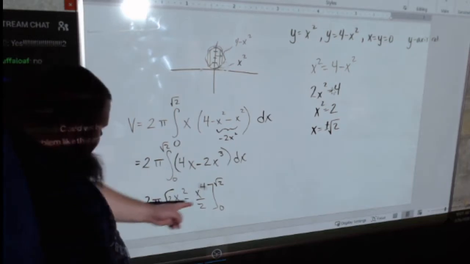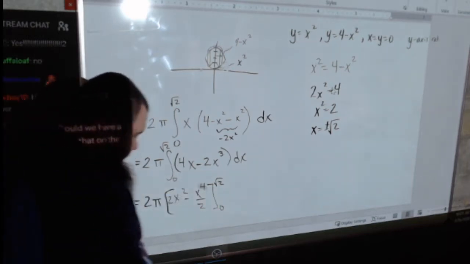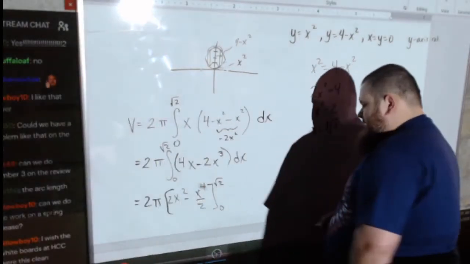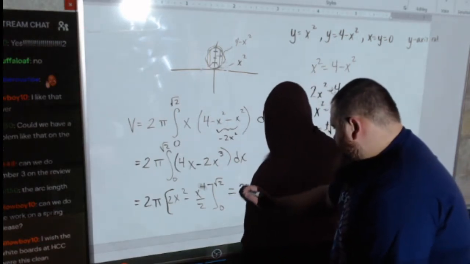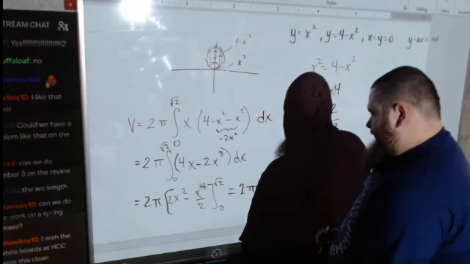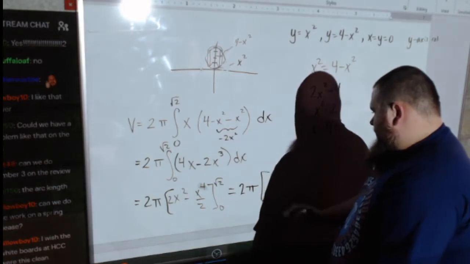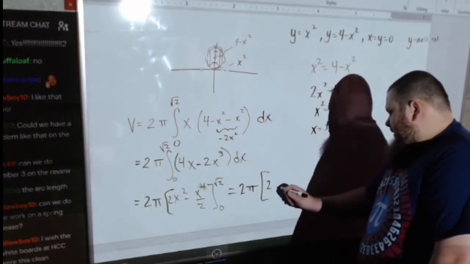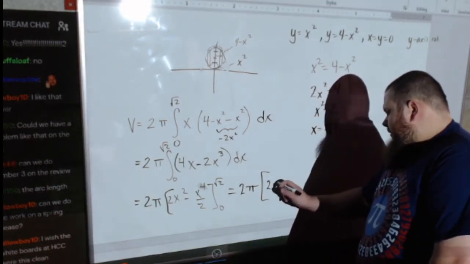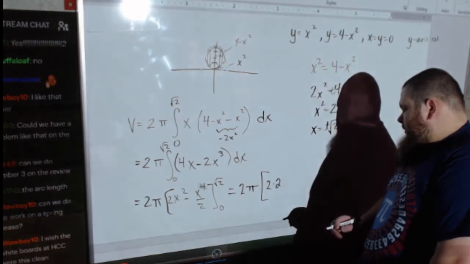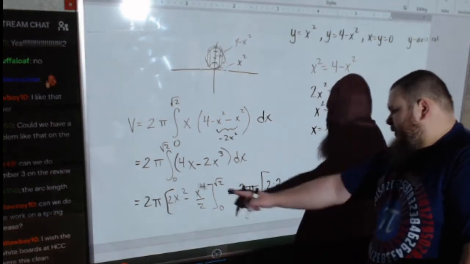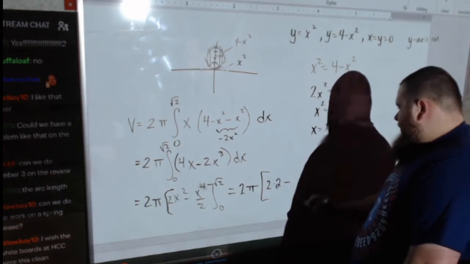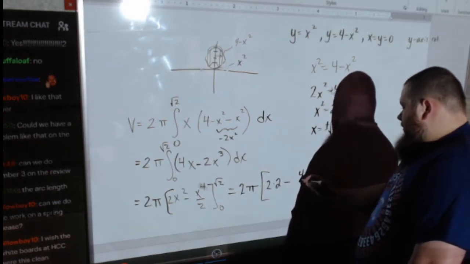And then it's just a matter of plugging these numbers in. So these ones look real easy, so let's do that really quick. So 2 pi, 2 times square root of 2 squared, so that's going to be 2, minus square root of 2 to the 4th, that's going to be 4.